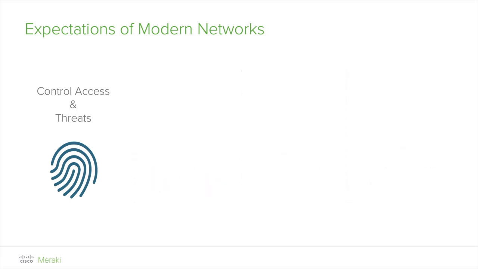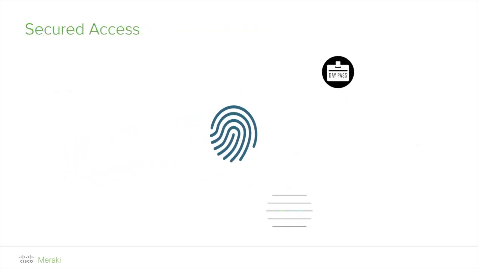Starting first with controlled access and threats, we will create different systems or mechanisms to authenticate users, and we will utilize System Manager to identify corporate devices and control them.